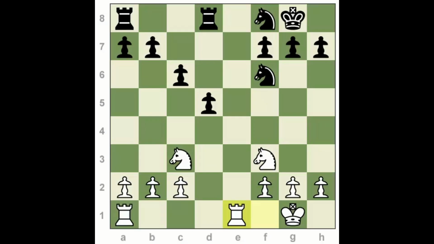Well, you might think you would just write R E1 because you moved your rook to E1. But the problem is, how would you write this rook going to E1? Well, that would also be R E1. So when you were going over the game later, how could you be sure which one you meant?